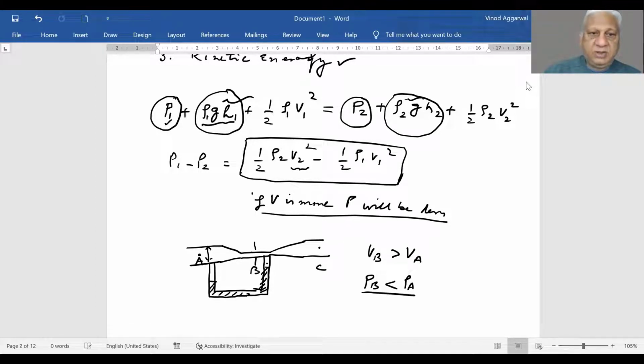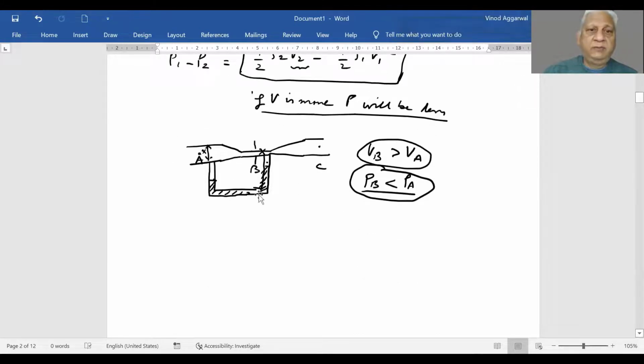This represents pressure at this point. This level will represent pressure at this point. So if we can measure the delta P, then we can find out corresponding velocities, and we can find the flow rates. So this is a very simple technique to find the flow rate of fluids.